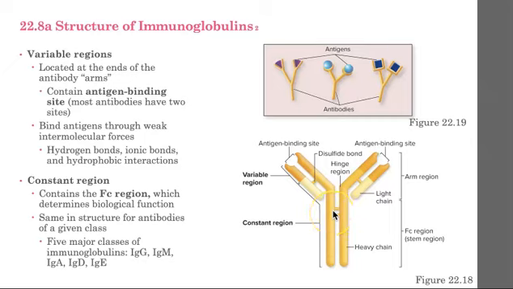And this area really determines the biological function. It's going to be the same in structure for the antibodies of a given class. So in a little bit, we'll talk through the 5 major classes. We've got IgG, IgM, IgA, IgD, and IgE. And each one has a different specialization.